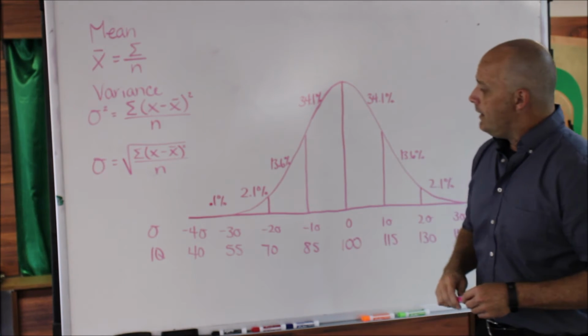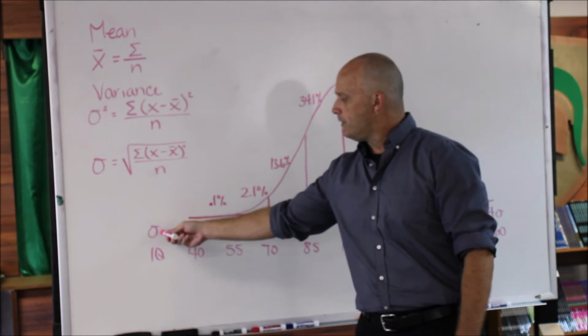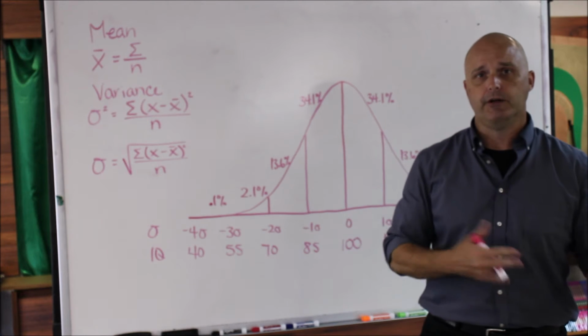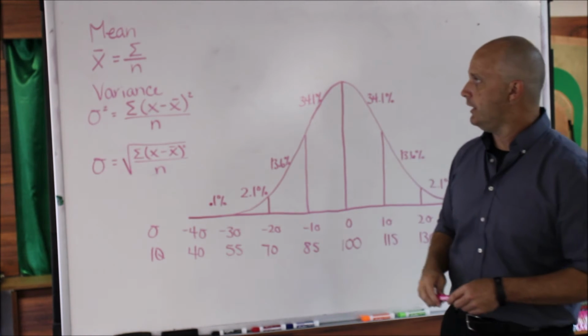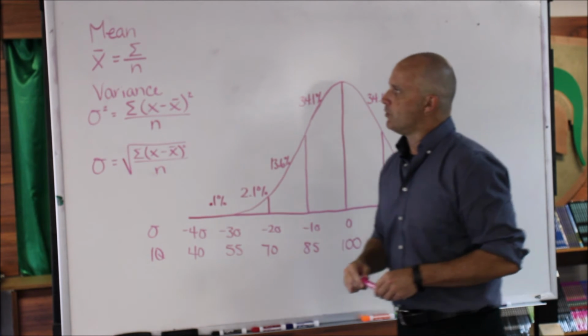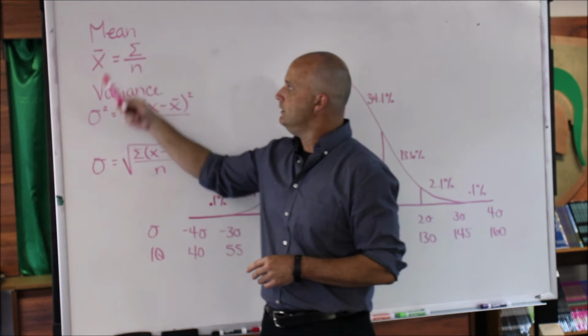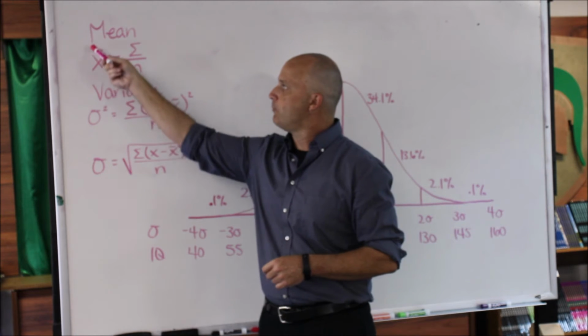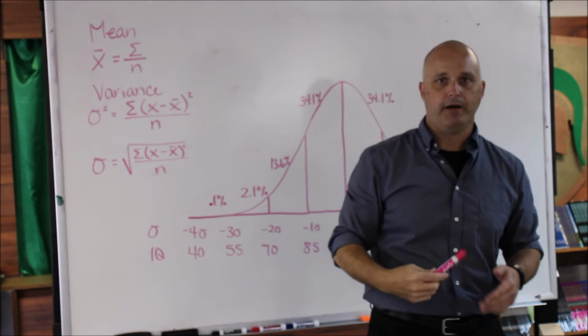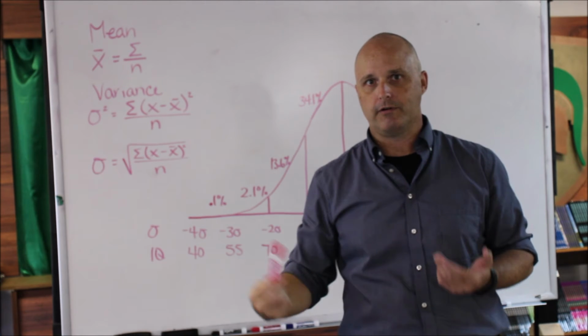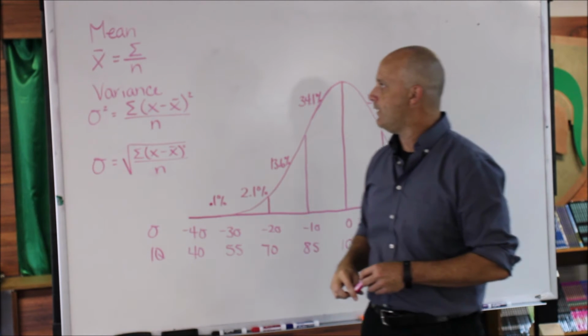Okay? Now, what we do is we use the Greek letter sigma, and this is the lowercase letter sigma, to denote that we're using standard deviation. So let's go back up to our formulas here real quick. We've got the mean, and the mean is going to be an x with a bar above it, and that's equal to the sum of the numbers divided by the total number of values that we have.